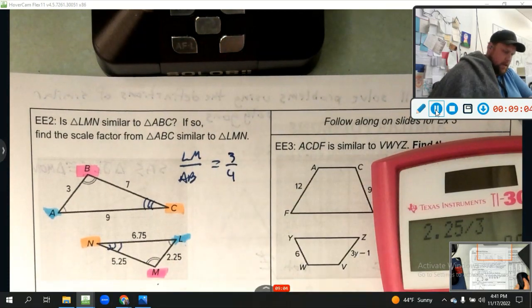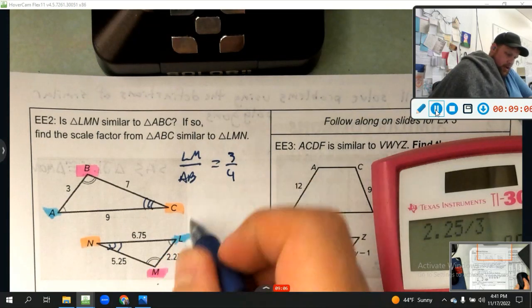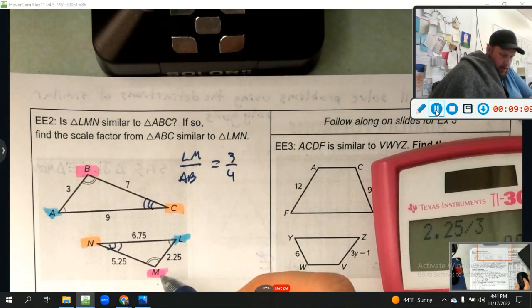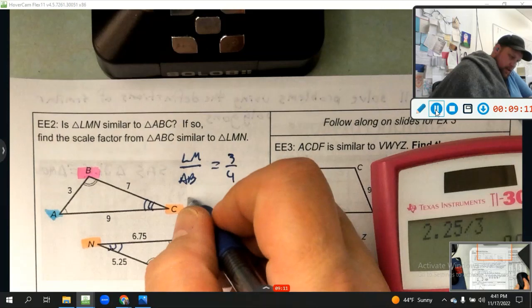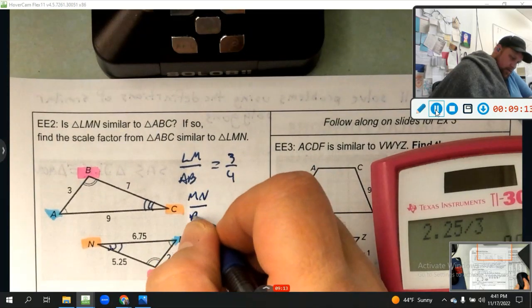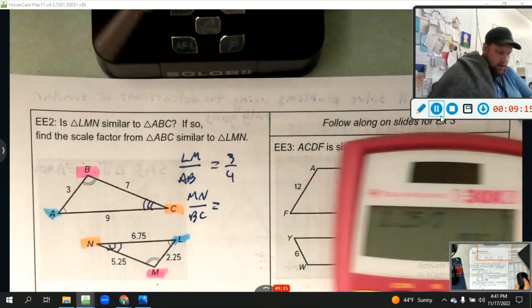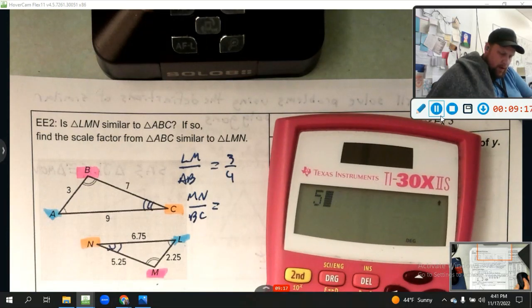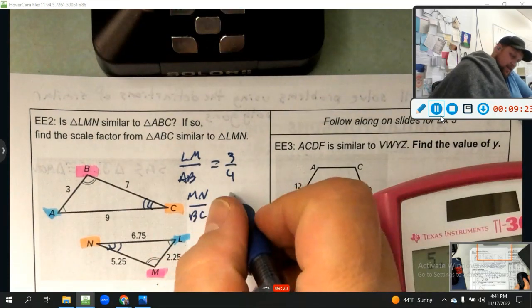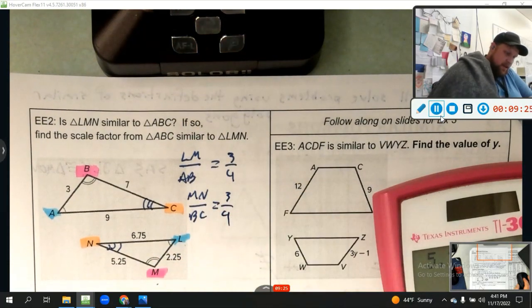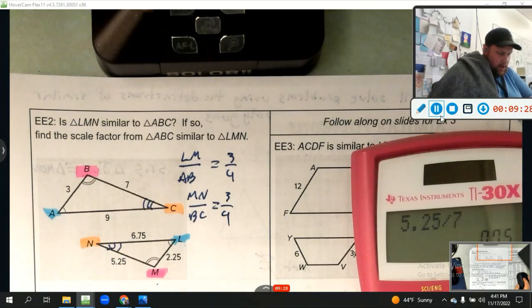See if that's the same thing, which is going to be NL is 6.75 divided by CA is 9. 3/4 again. So yes, they are similar, and we identified the scale factor of 3/4.